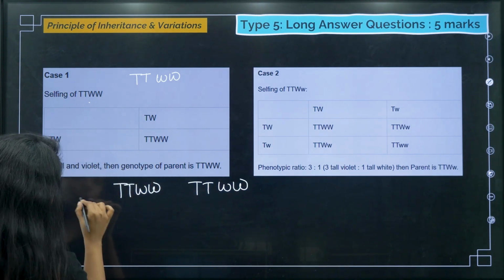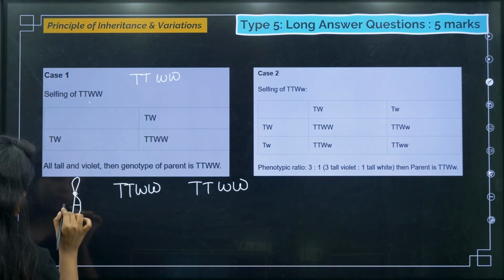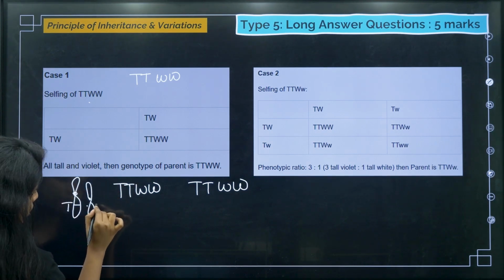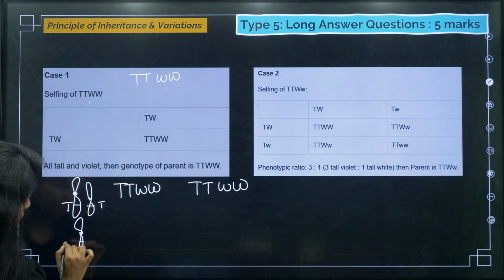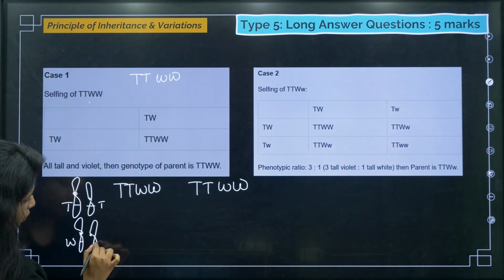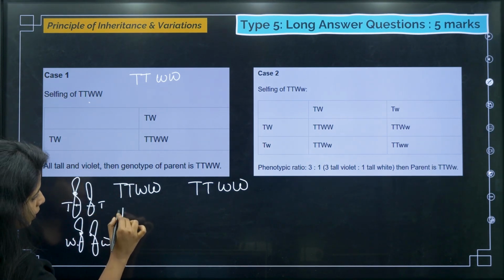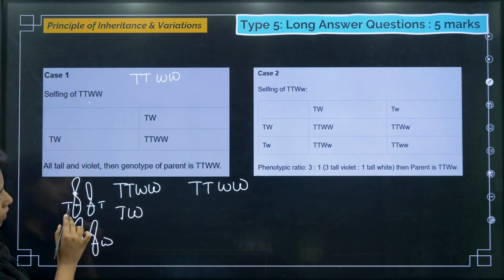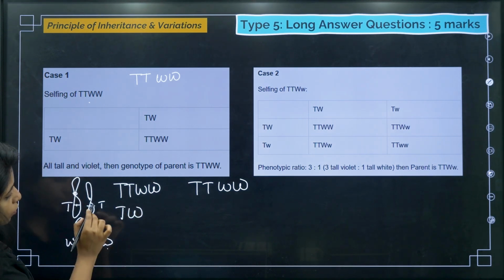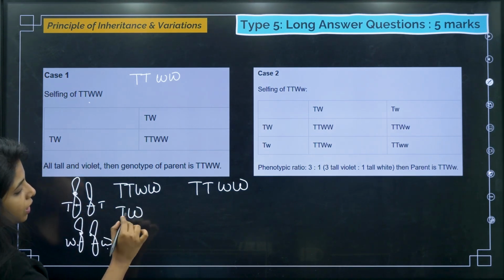I am assuming capital T on one chromosome, capital T on another chromosome, capital W, capital W. So this chromosome can go with this. Anyways, it can be capital T, capital W, capital T, capital W. Whatever you do, you get this only.